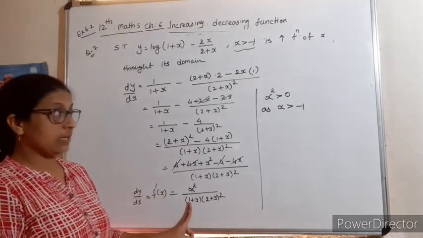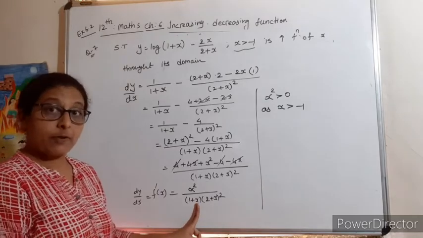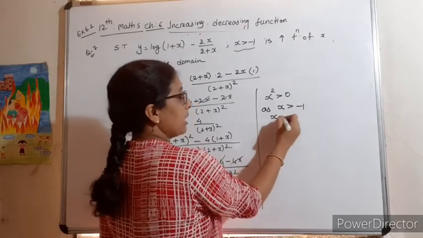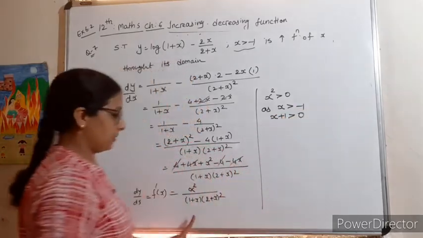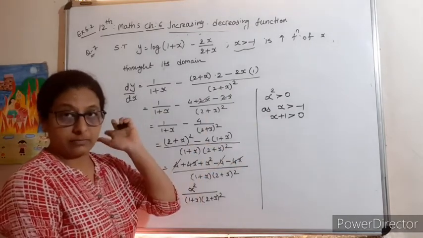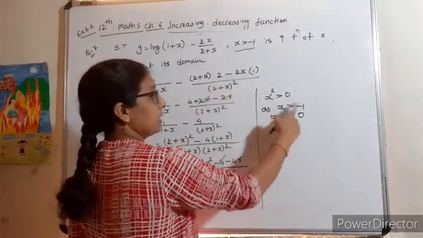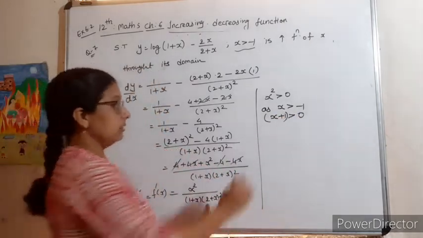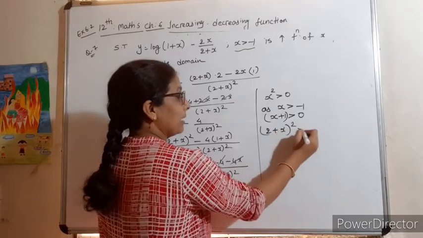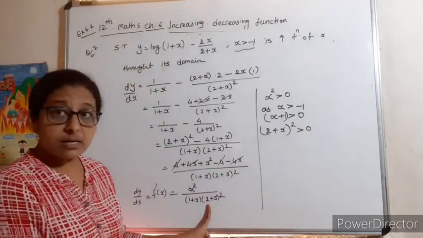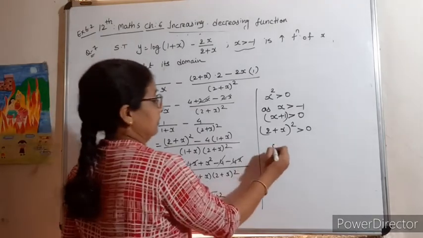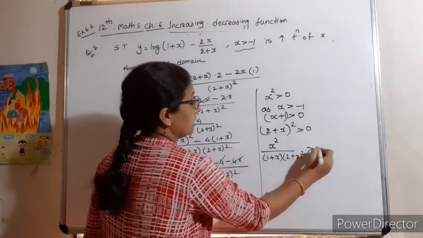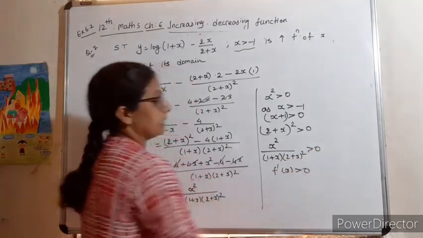Both the side if you add plus 1, minus 1 plus 1 0, that means x plus 1 greater than 0 आ गया. Understand? x greater than minus 1, both the side if you add, तो x plus 1 greater than 0 हो गया. And 2 plus x whole square, it is always greater than 0, square is always greater than 0, मतलब कि the whole term x square upon 1 plus x, 2 plus x whole square is greater than 0, and that is f dash x greater than 0.